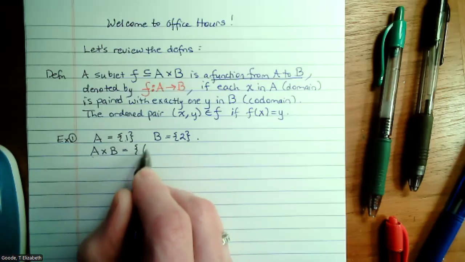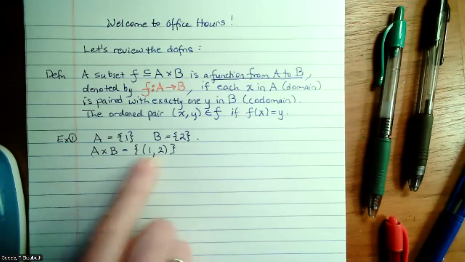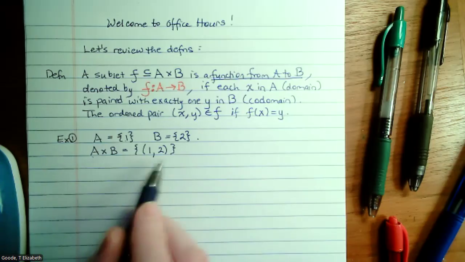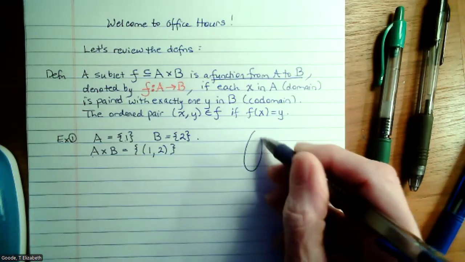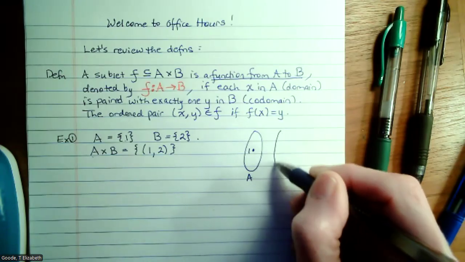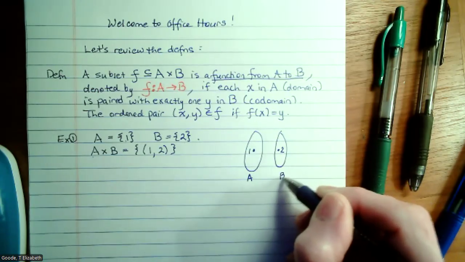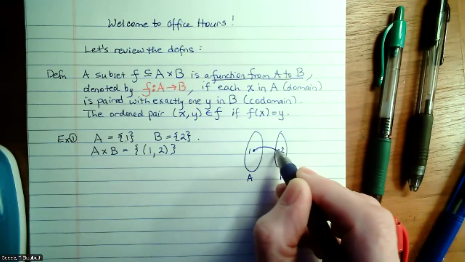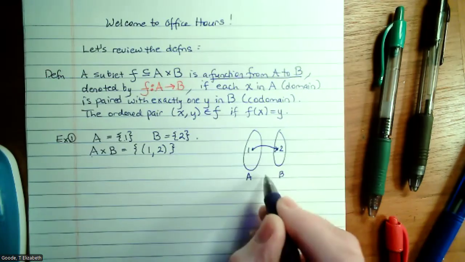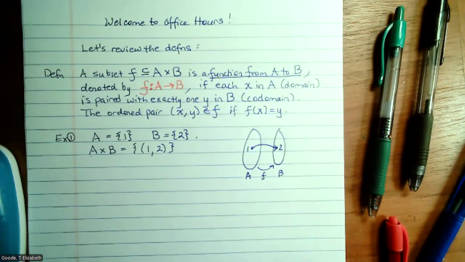One. It happens that this is a function from A to B because there's one element in A, namely 1, and one element in B, namely 2, and 1 maps to 2 if we call this the function f.